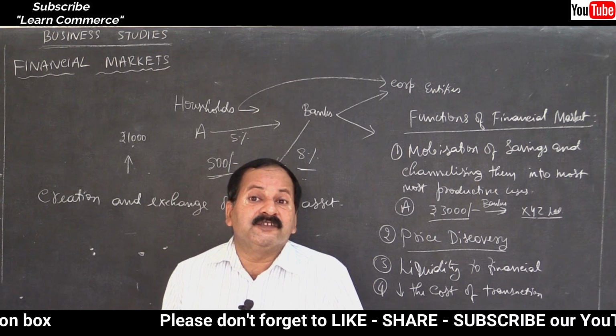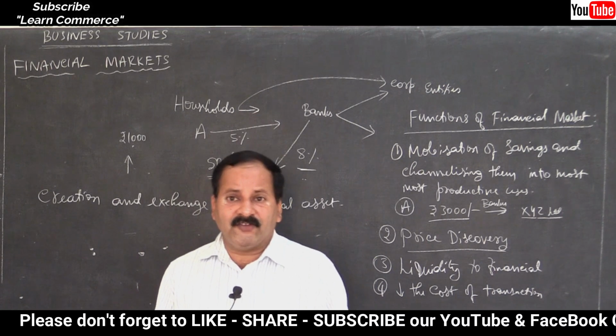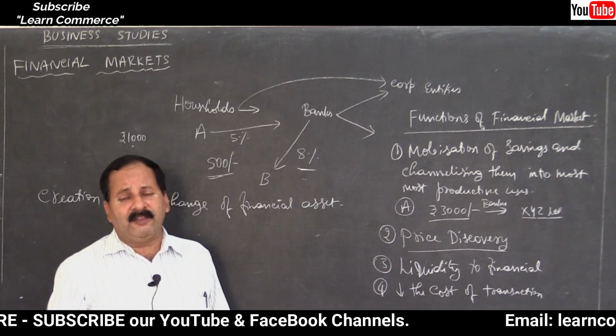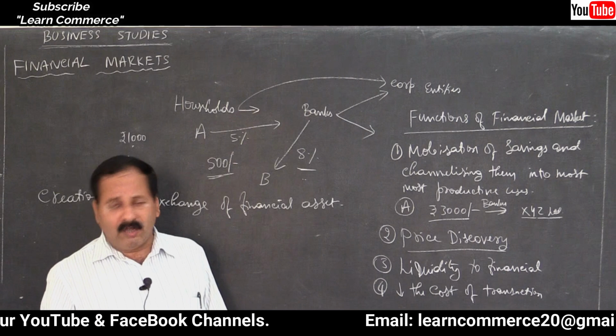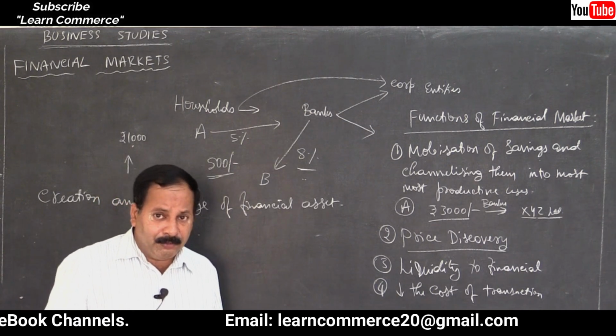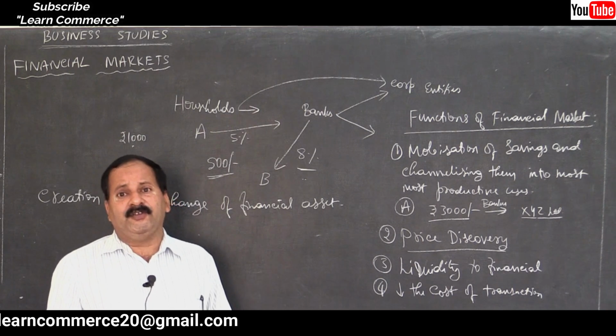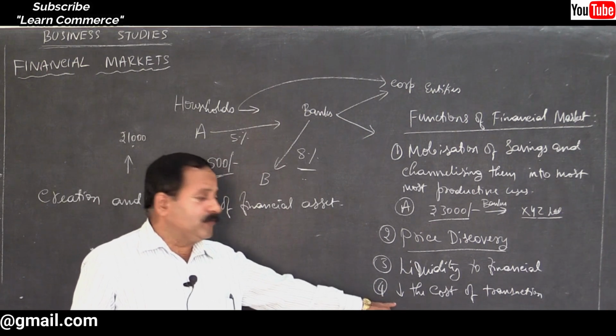So the liquidity was not there, and the cost of transaction was very high, isn't it? When you sent it by speed post or courier, again they would return it to you, and when you converted it, there would be a transaction cost again. So a higher cost of transaction.